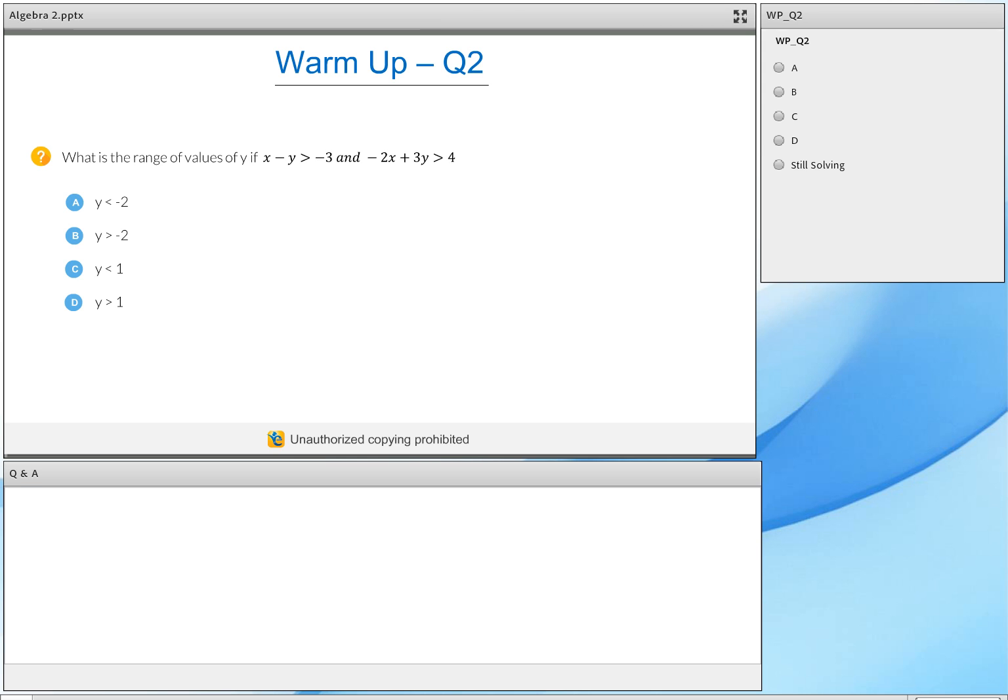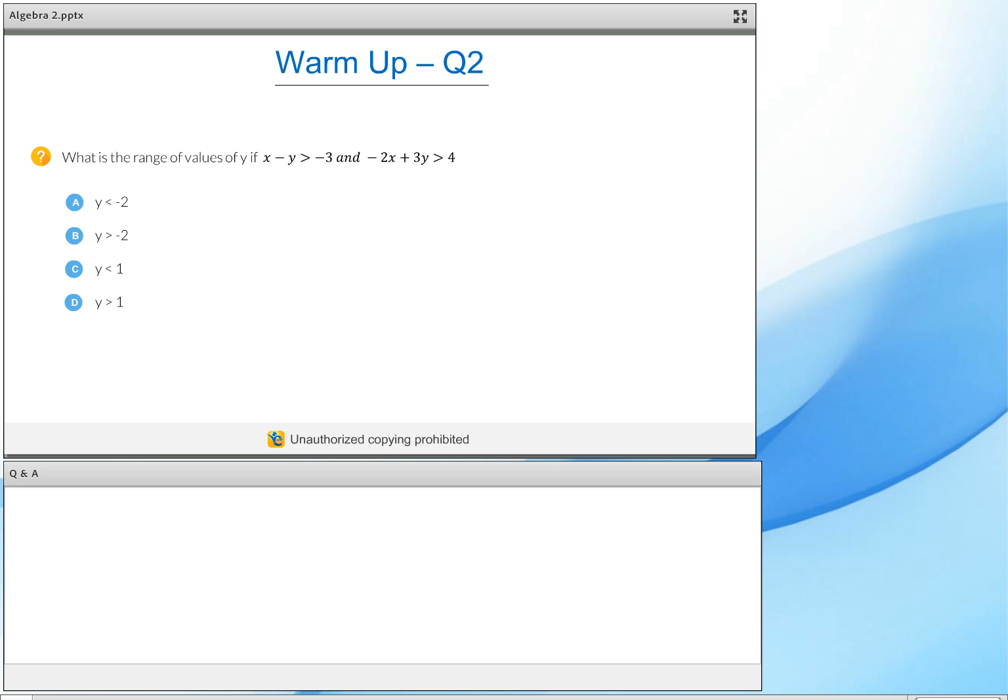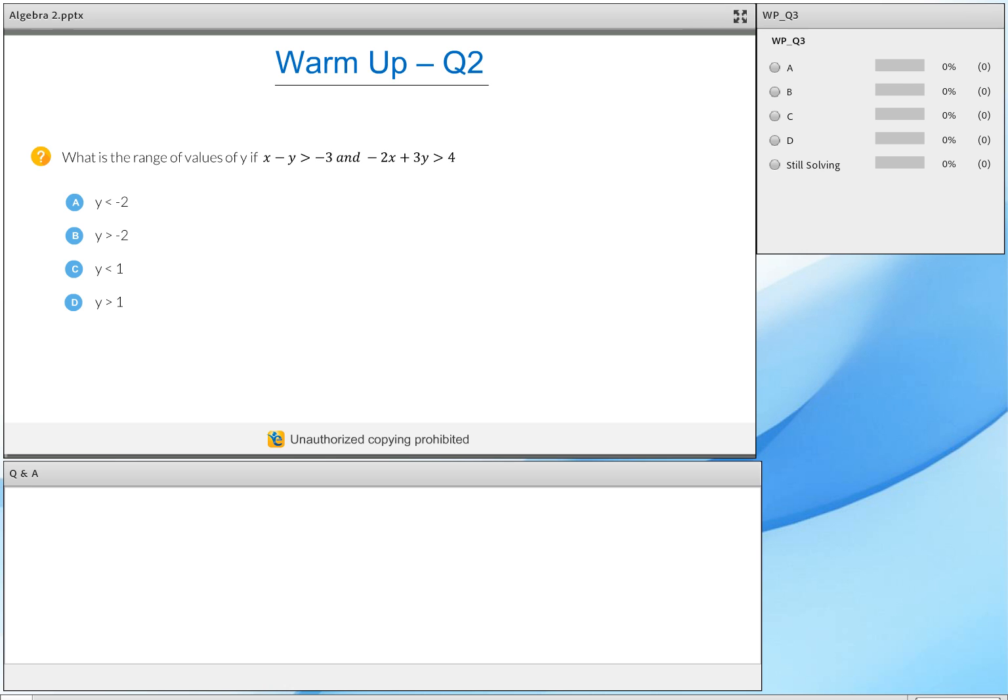All right, I'm going to end the poll now. Question number 3, please click on still solving.